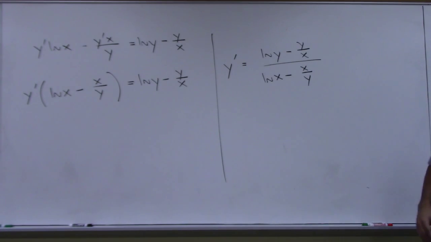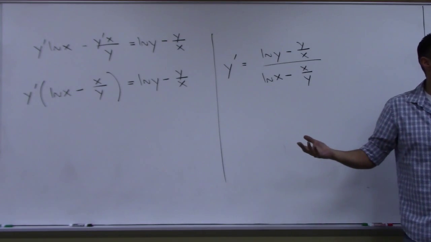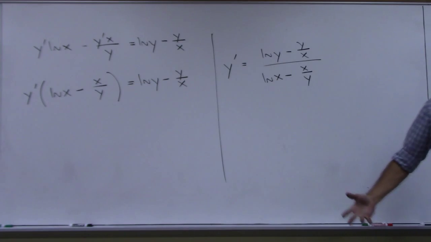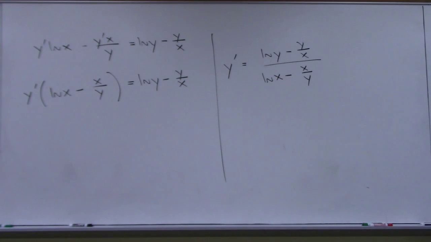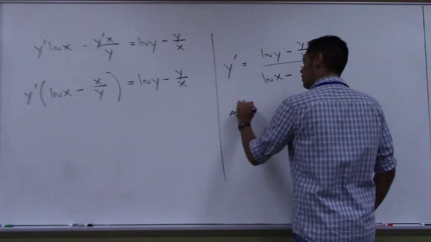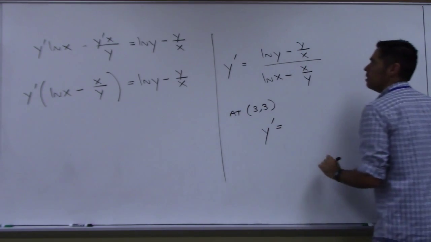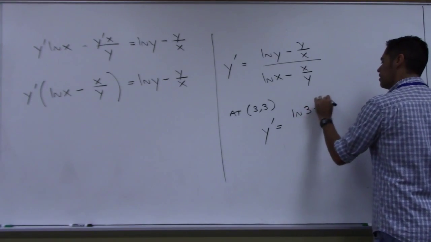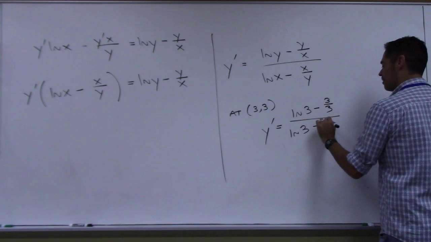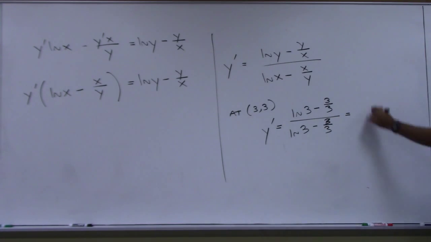You could clean this up, but we have what y and x are. Since I know what y and x are, I can plug in and actually get my slope. At the point (3, 3), y prime equals (natural log 3 minus 3) over (natural log 3 minus 3), but that's just 1.